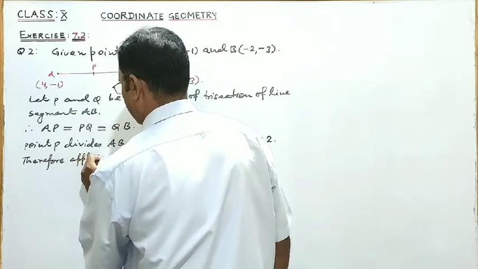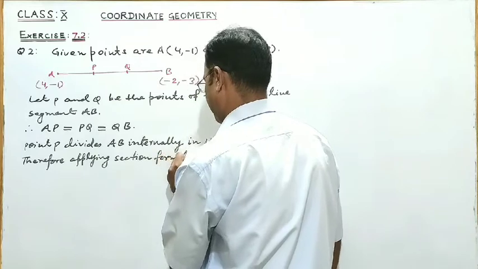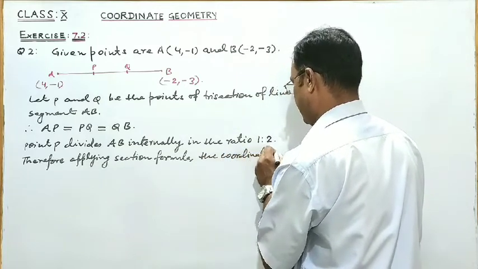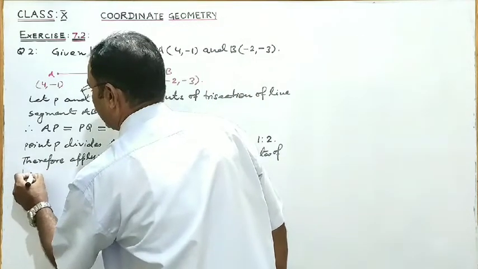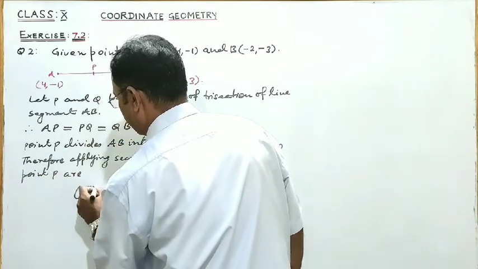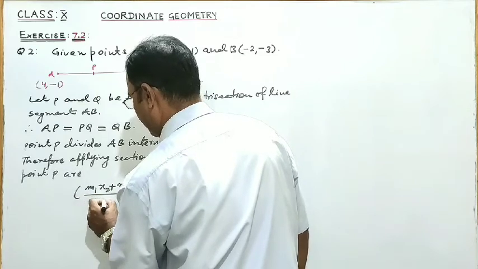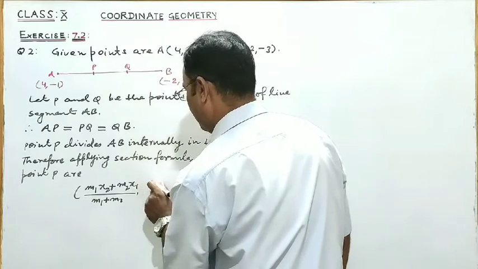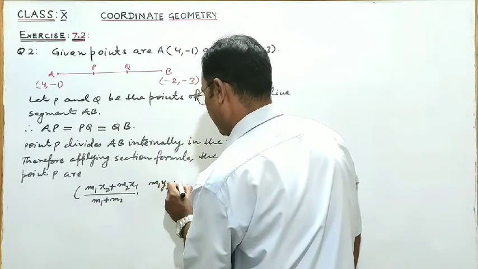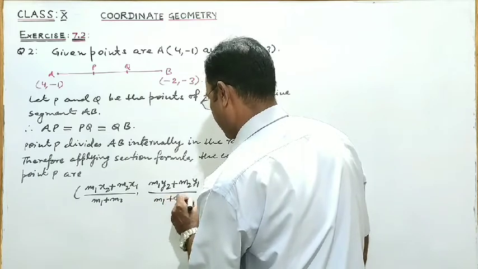Therefore, applying the section formula, the coordinates of point P are (m1 x2 plus m2 x1) by (m1 plus m2), (m1 y2 plus m2 y1) by (m1 plus m2).